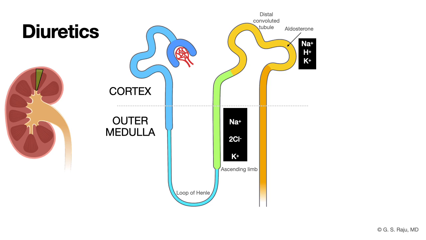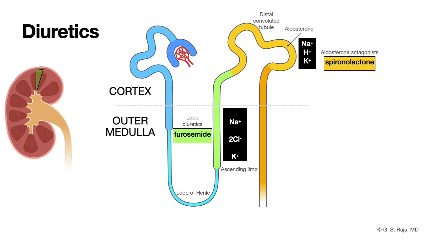And this is where the aldosterone antagonists work. And in the ascending limb of the loop of Henle, the loop diuretics work. The classic example of aldosterone antagonist is spironolactone, and loop diuretic is furosemide.